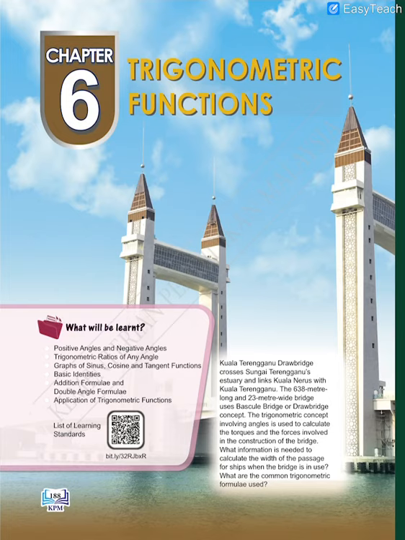Okay, video kali ini Teacher Jess akan tunjuk ajar Chapter 6 Trigonometric Function. So, what will be learned for this chapter? Okay, we will have positive angles and negative angles, trigonometric ratio of any angle, graph of sine, cosine and tangent function, basic identity, addition formula and double angle formula, application of trigonometric function.